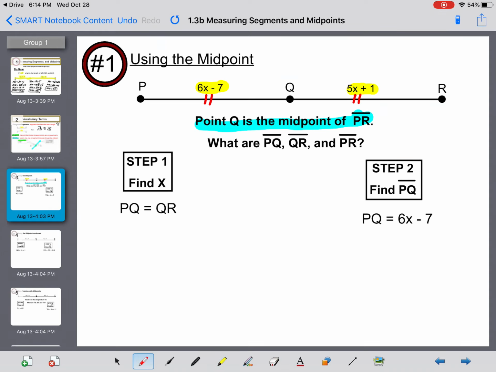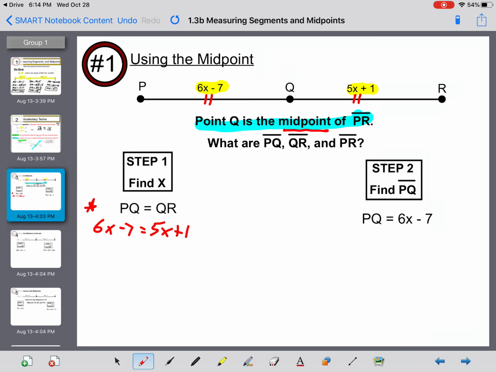Okay? Since we have a midpoint, and we know we have a midpoint, that means that PQ and QR are the same length. So I set them equal to each other here. So really, 6x minus 7 is equal to 5x plus 1. Now, we have variables on both sides, and I need to get those x's on the same side of the equal sign.